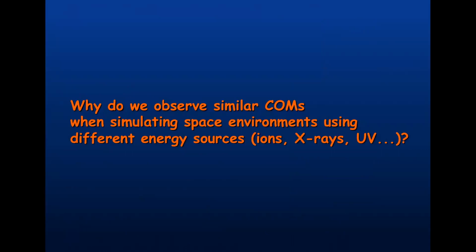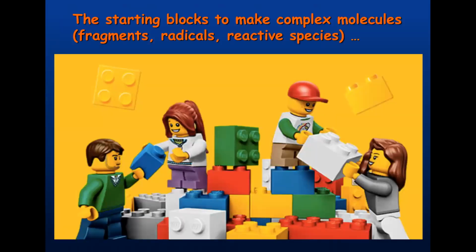Well, you may wonder why we observe similar COMs when we simulate this ice processing using different sources of radiation: ions, which would act like cosmic rays in space, X-rays, or UV photons. The synthesis of COMs tends to be common to these experiments. So if you think of the Lego game, you may think that the starting blocks to make more complex molecules, these are the fragments and radicals you make in the irradiated ice or reactive species like formaldehyde, are not that many.